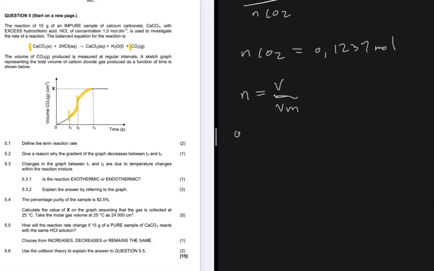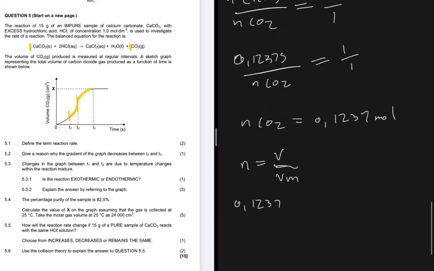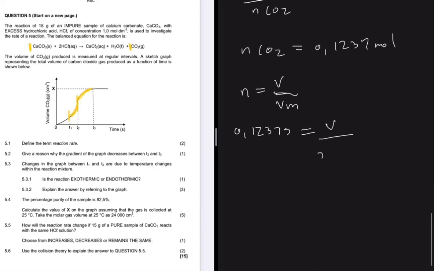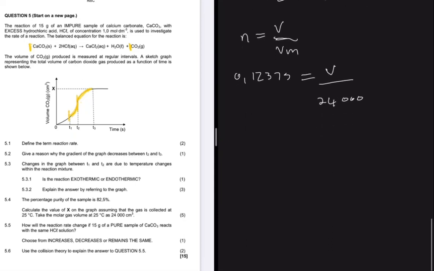That's 0.12375 equals the volume divided by the molar gas volume, which is 24,000. So if we cross multiply, we can determine our volume, the value of X.